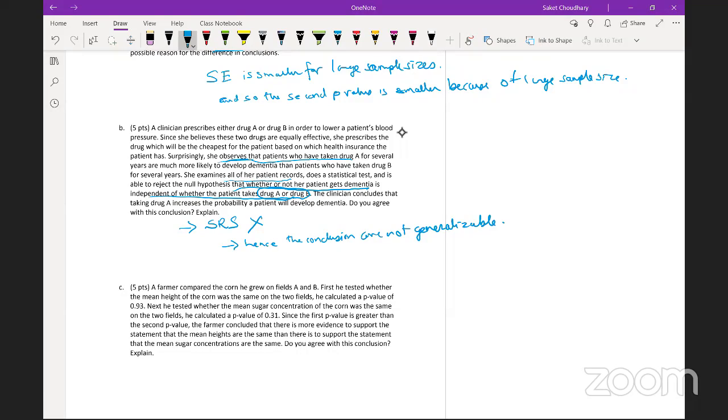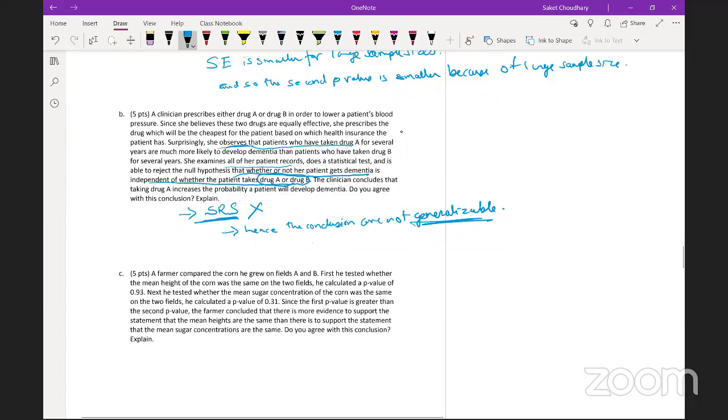So it's not a simple random sample, and hence any conclusion that you draw is not generalizable, because you're drawing a conclusion at the global population level, whereas the sampling that you're doing is not a simple random sample, and hence you cannot really extrapolate this conclusion to a general population. All that I was looking for is whether you are able to figure out whether this is a simple random sample or not. Once you figure that out, there's no other explanation required.